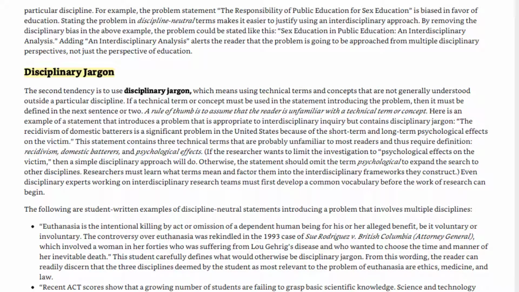And that's kind of the same thing. It's using language, words, technical terms and concepts that really belong to a specific discipline, not to the general public. Some terminology that you are used to seeing in the discipline. So I want you to avoid those. Disciplinary bias and disciplinary jargon don't belong in your paper.